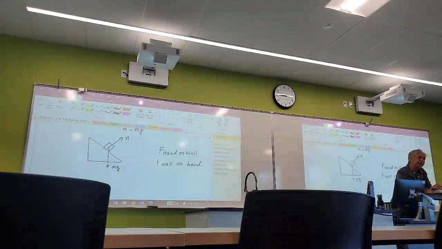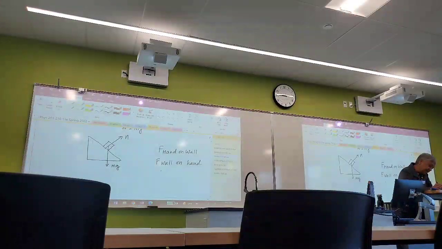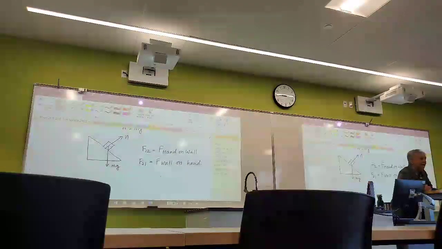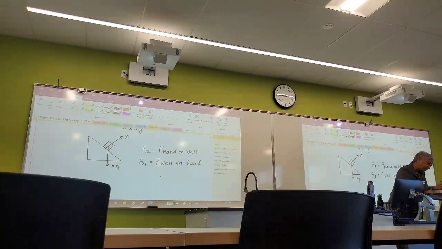So if I say hand is 1, can I say F? Can I write this as F12 and F21? Can I say that? If I say hand is 1, wall is 2, is this, yes? Are they reversed, flipped?